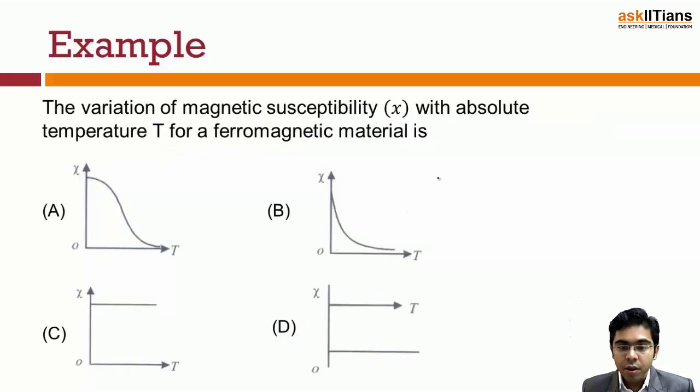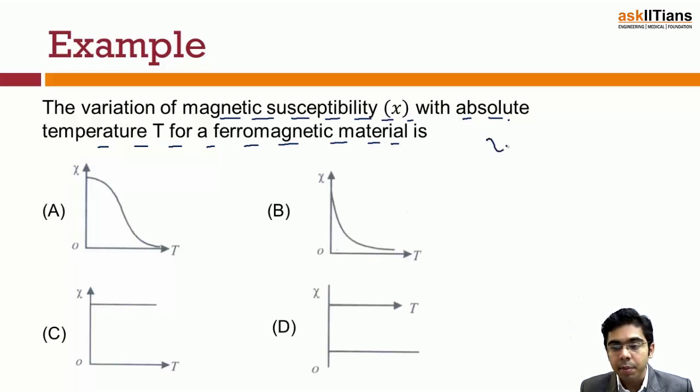The variation of magnetic susceptibility chi with absolute temperature for a ferromagnetic material. You must have seen that for a paramagnetic material the susceptibility is inversely proportional to T. But for a ferromagnetic material the susceptibility is C dash upon T minus Tc, where Tc is the Curie point.